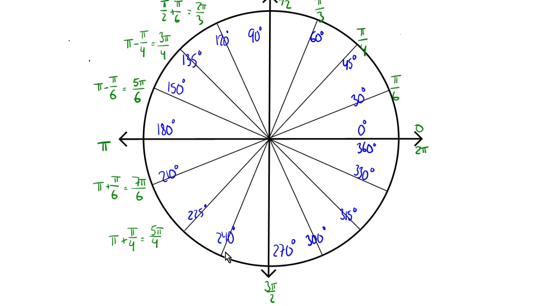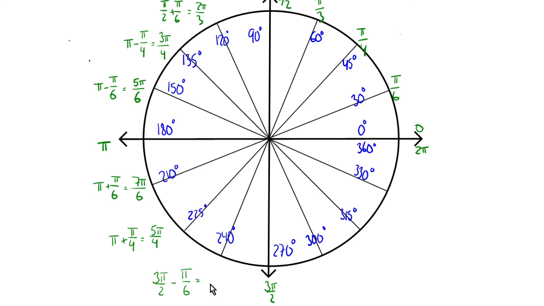The 240 degrees is going to be, we can use the 3 pi over 2 and subtract 30 degrees from 270. So 3 pi over 2 minus pi over 6. So that's going to be 8 pi over 6.